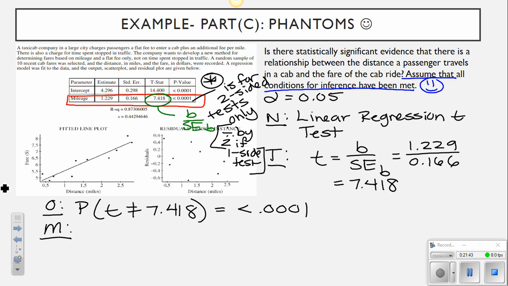Let's make our decision. 0.0001 is less than 0.05. So that means we're going to do what? Reject H0. You see how I told you the test is going to speed up really fast? You look at the bottom row and it's basically there.